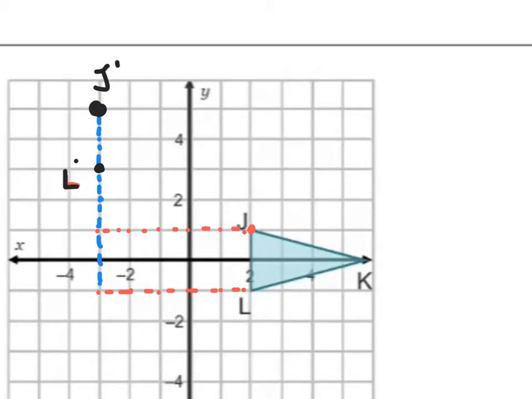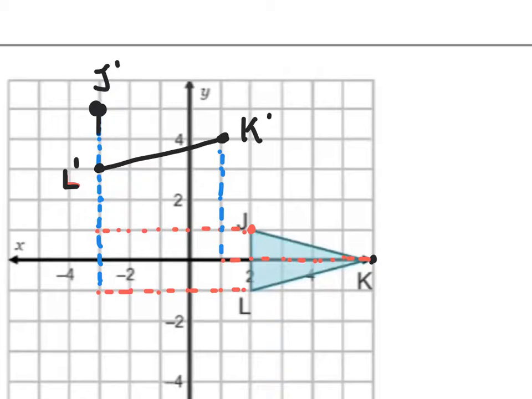Then for K, I'm going to move it 5 units left, 1, 2, 3, 4, 5, and then 4 units up, sorry. That gives us this point here, which is K prime.